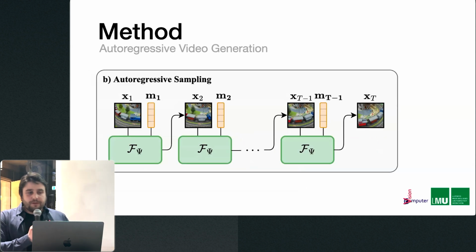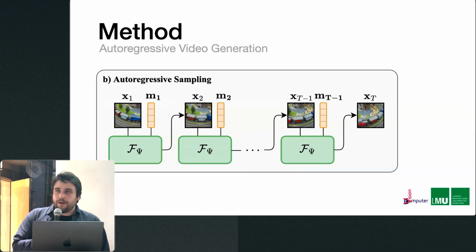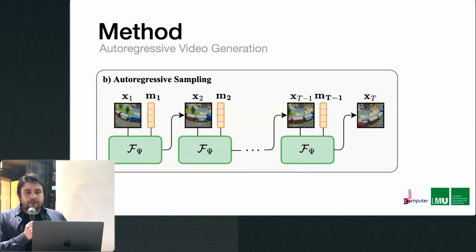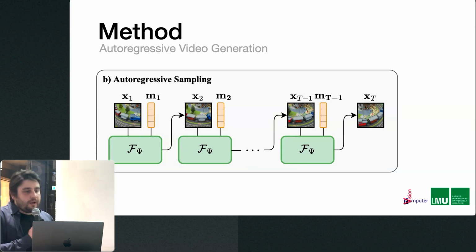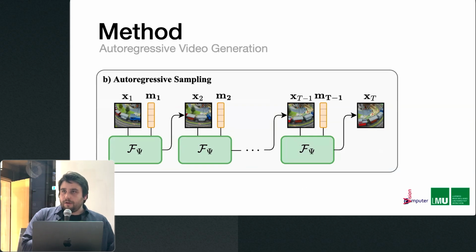Once this setup is trained, we could already use the frame generator and the motion extractor for autoregressive video generation or motion transfer, where you simply start with a start image and the motion embeddings of some source video that you extract, and then you autoregressively roll out and generate your new frames on the fly.